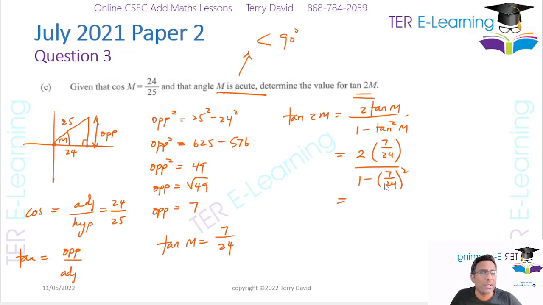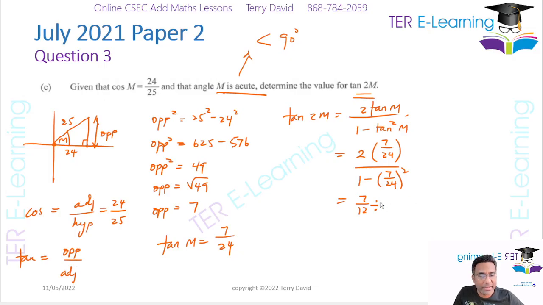So the numerator is going to be 7 over 12 divided by, and we need to work out the denominator there. So that's going to be 1 minus 7 over 24 squared.